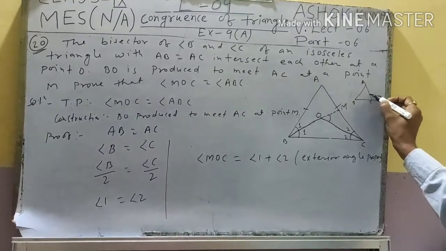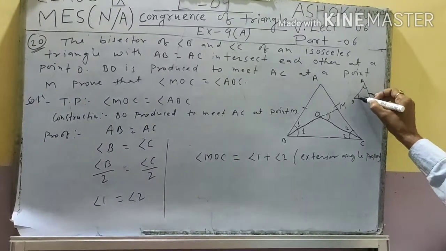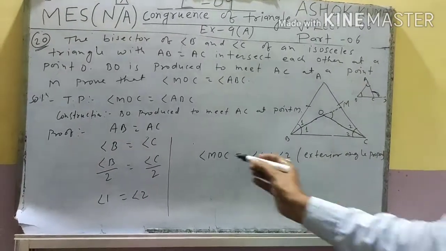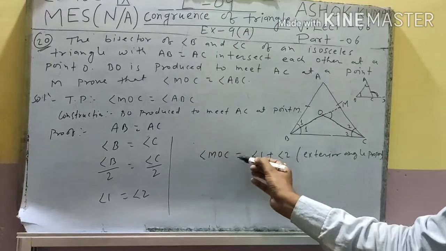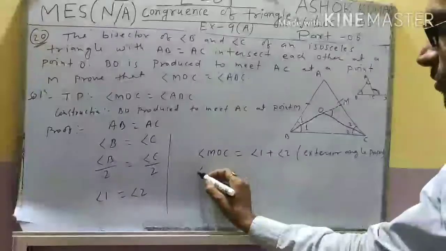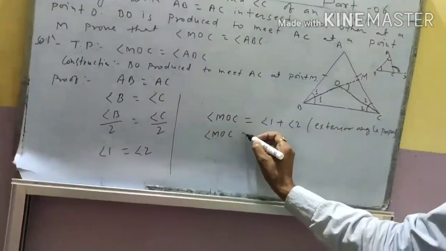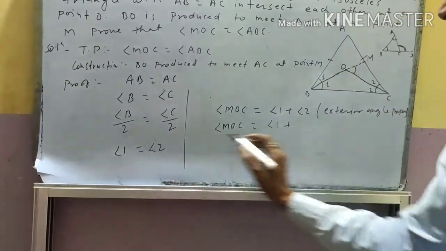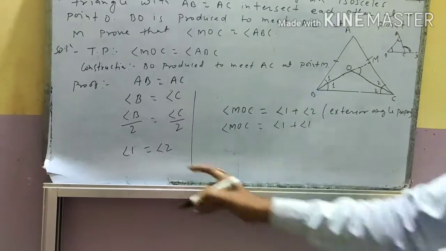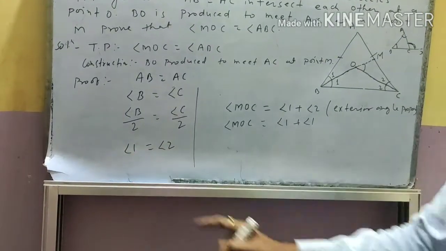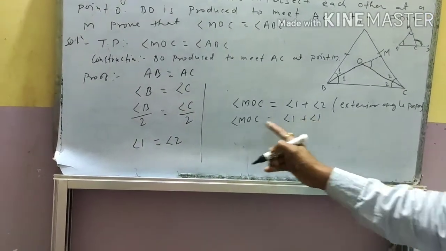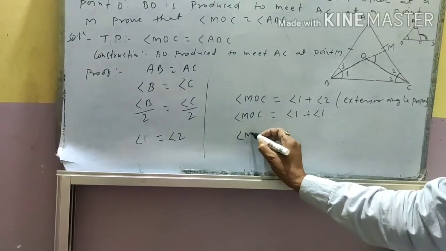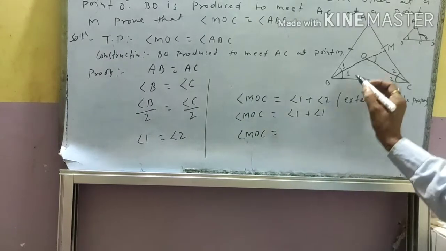We know that an exterior angle is equal to the sum of the two opposite interior angles. This is a theorem. So here we can write angle MOC is equal to angle 1 plus angle 2, which can be written as angle 1 plus angle 1 because angle 2 is equal to angle 1.